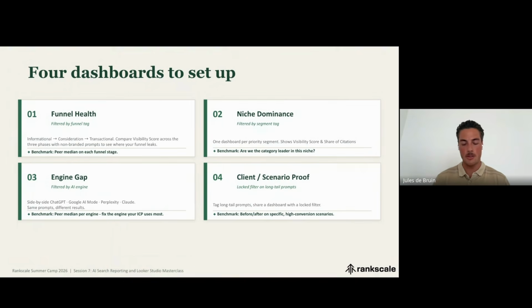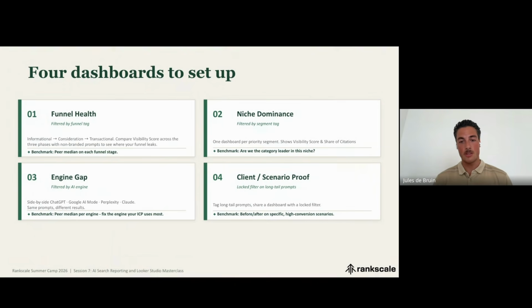Then the engine gap. What we notice right now is that B2C is mostly using ChatGPT, Gemini, and potentially Perplexity. It could be the case, for example, that you are scoring very well on ChatGPT, but badly on Gemini. Nonetheless, your audience is also there, so make sure they have an overview of how you're performing on the different engines.